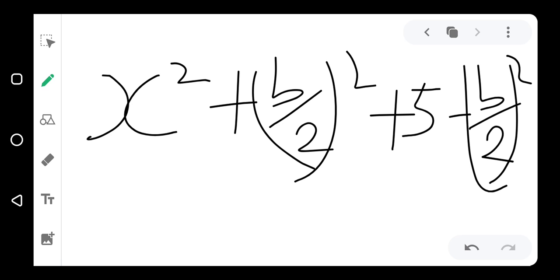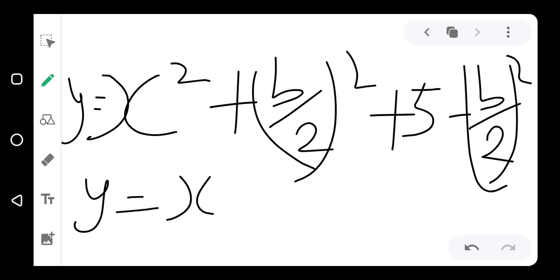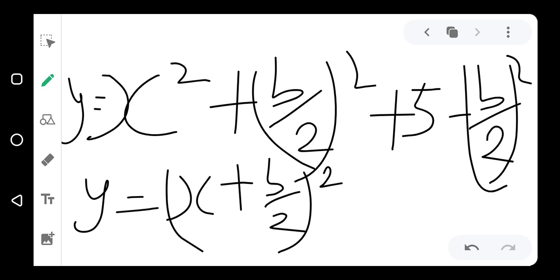Now this gives us y equal to x plus b over 2, squared, plus 5 minus b squared over 4.